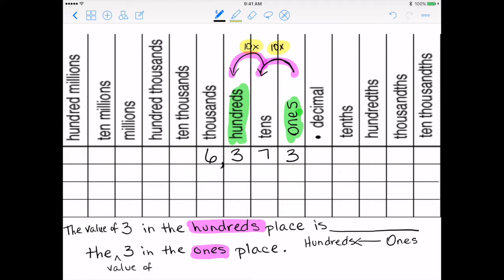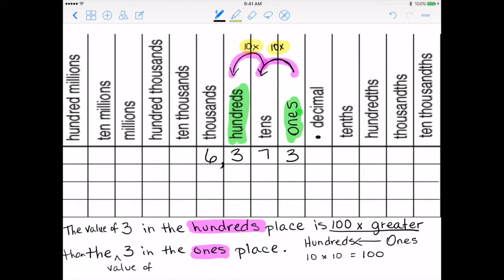Well, what is 10 times 10? We said that before. That equals 100. So when we're trying to describe the value of the 3 in the hundreds place, we want to say that it is 100 times greater than the value of the 3 in the ones place.